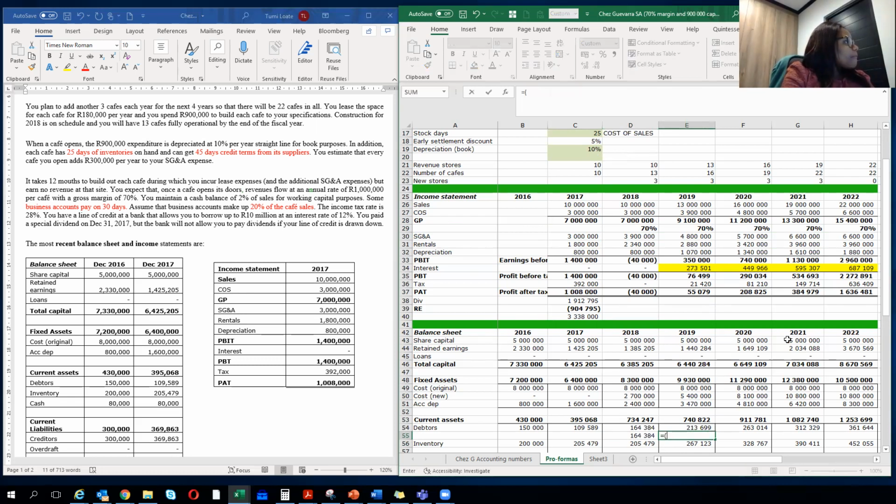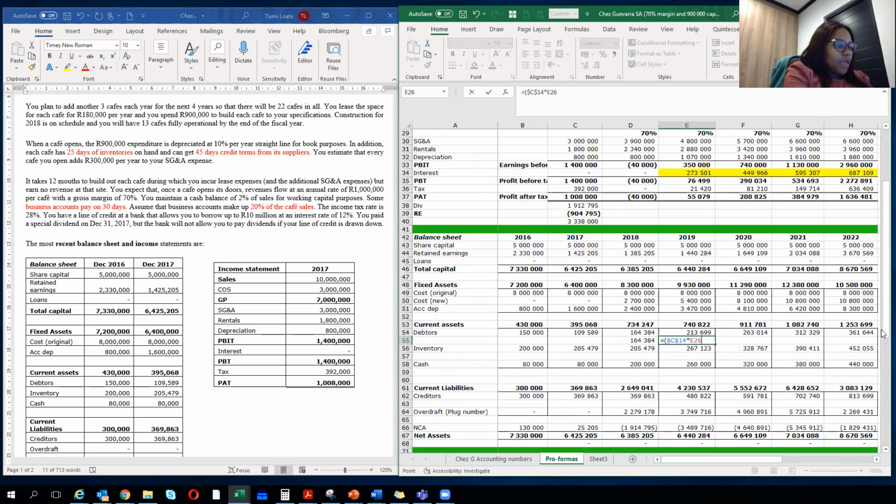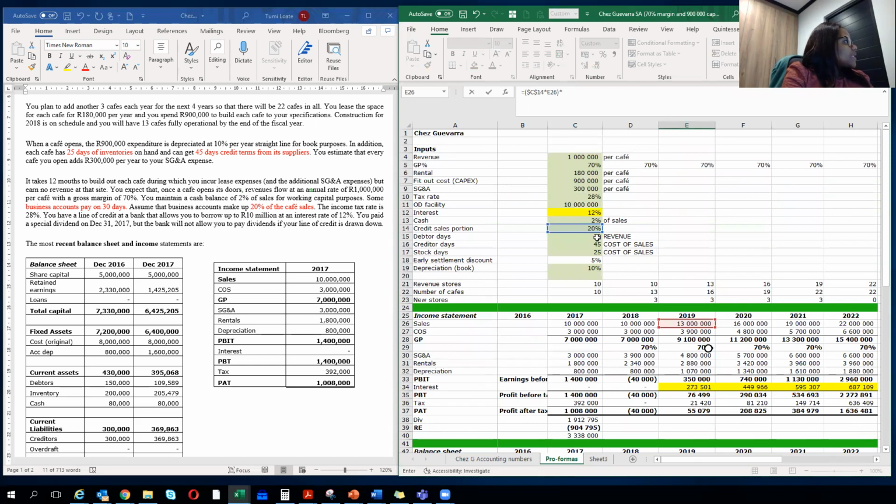Okay, let me do it again just to show you. You're taking the 20%, the credit sales portion, function F4, multiplied by your revenue for that period. So now I'm doing 2019. I close the bracket. Then the days that they told you in the year, the 30 days, divided by the 365.